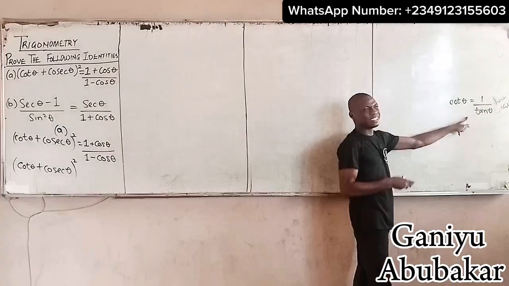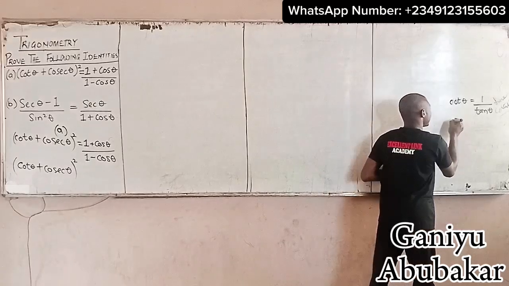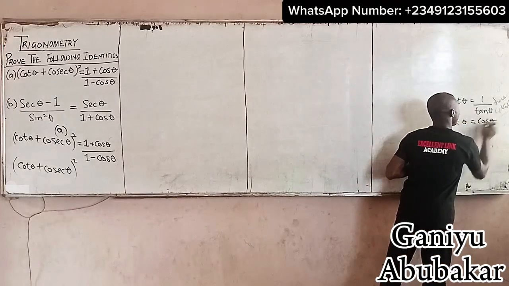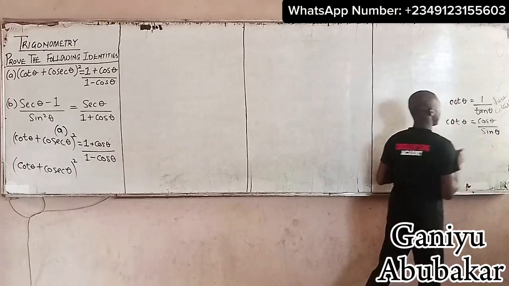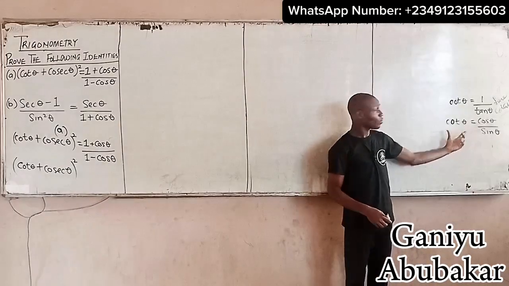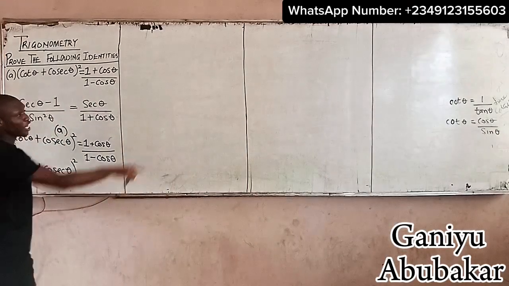This is the first expression for cot theta. I can also represent cot theta as being equal to what? Cos theta over sine theta. These are the two expressions for cot theta. So at this point I will express cot theta in that form.